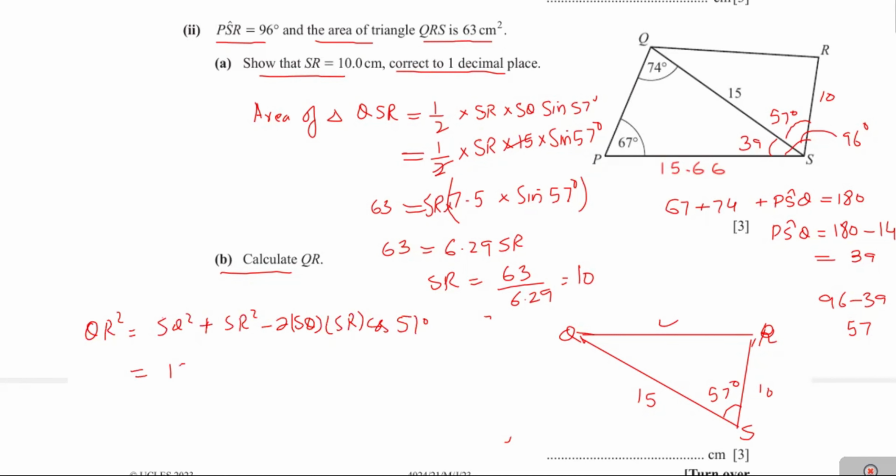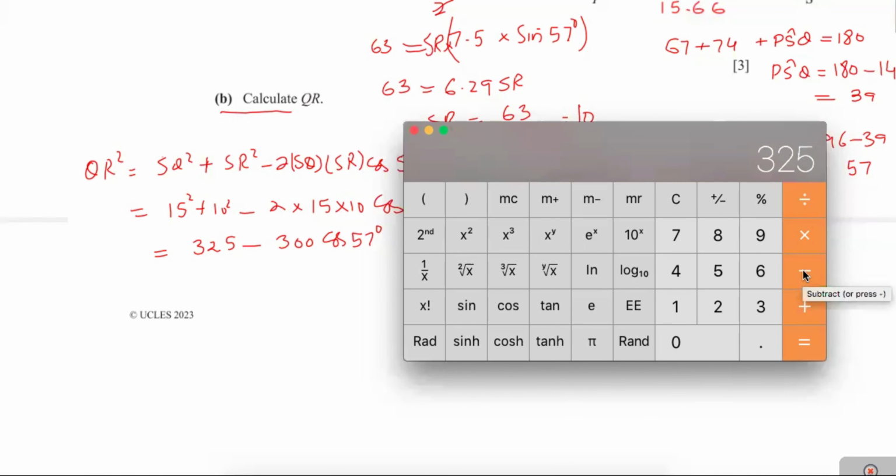We write it as 15 squared plus 10 squared minus 2 times 15 times 10 times cos 57, and this will be equal to 225 plus 100, 325 minus 300 cos 57 degrees. 325 minus 300 multiplied by cos 57 is equal to 161.6.